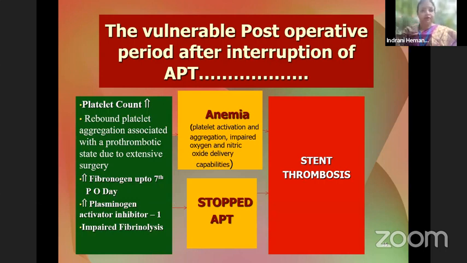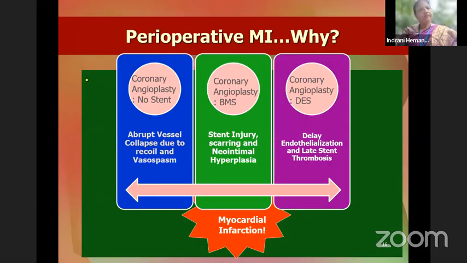So the platelet counts go up, rebound platelet aggregation is there, as I already said, increased fibrinogen up to the 7th postoperative day, increased plasminogen activator inhibitor is there, impaired fibrinolysis. In all this, if the patient also has anemia, then platelet aggregation goes up and impaired oxygen and nitric oxide delivery capabilities go up. So in the surrounding of a stopped antiplatelet therapy, the patient can develop stent thrombosis.